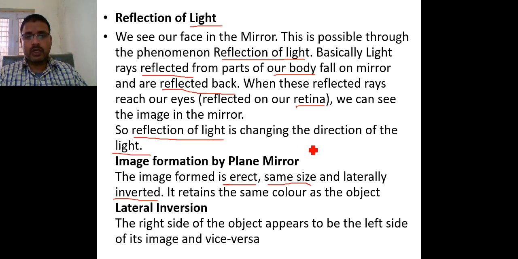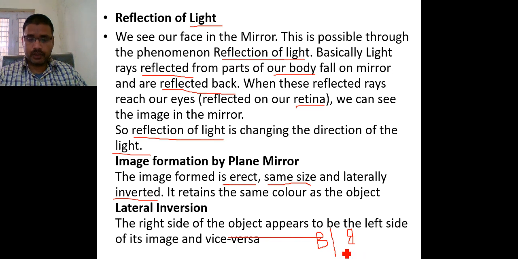It is the reverse of B. B looks like this way, and when we keep it in front of the mirror, the mirror image of B looks like this, and this formation is basically called lateral inversion.